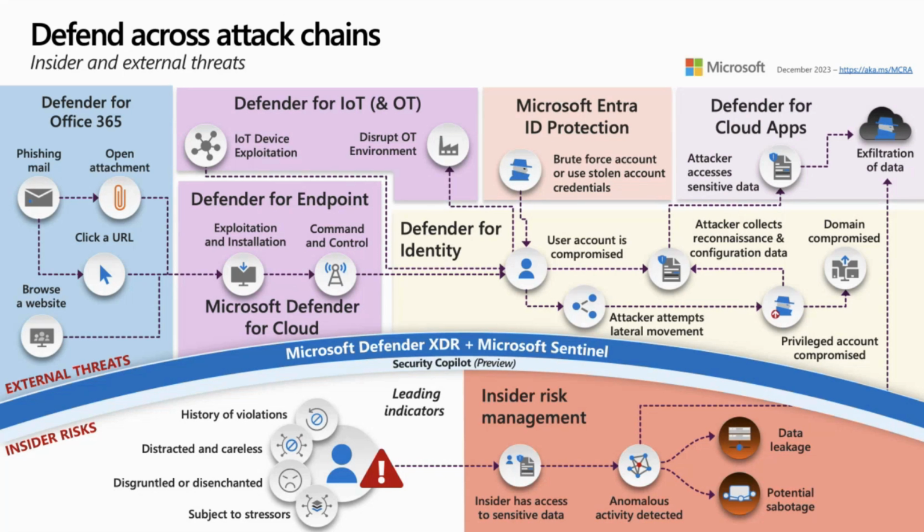Let's first talk about external threats. Attackers who are not from your organization but from outside your organization are flexible and can use a variety of attack techniques during an attack chain so that they can steal your data.